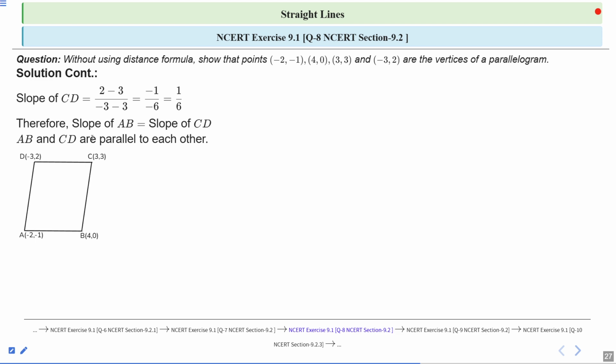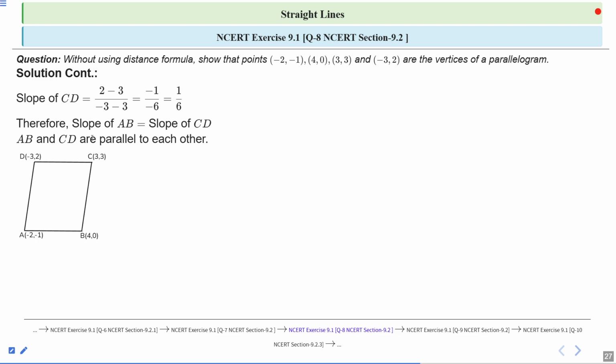Therefore, the slope of AB is equal to the slope of CD, and AB and CD are parallel to each other. See this figure. Here we have shown slope of AB is equal to slope of CD.